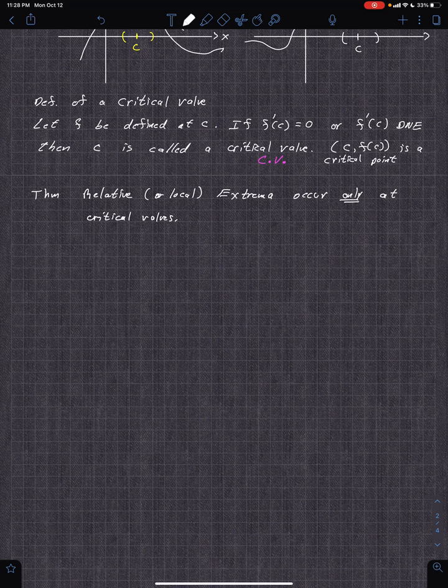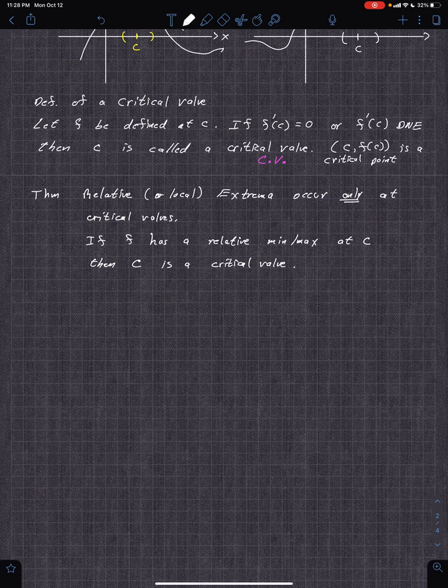So basically, another way of saying this is: if f has a relative minimum or maximum at C, then C is a critical value.